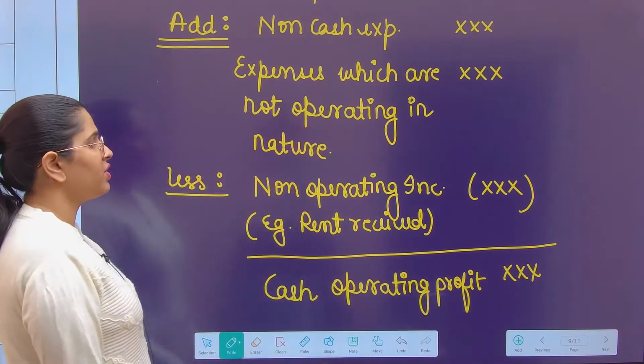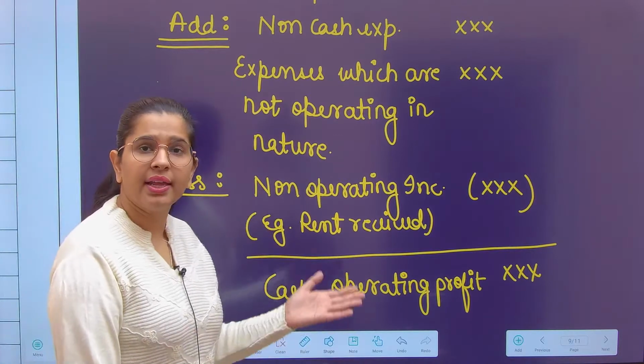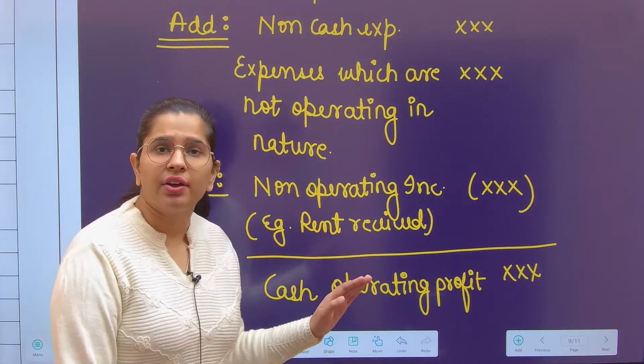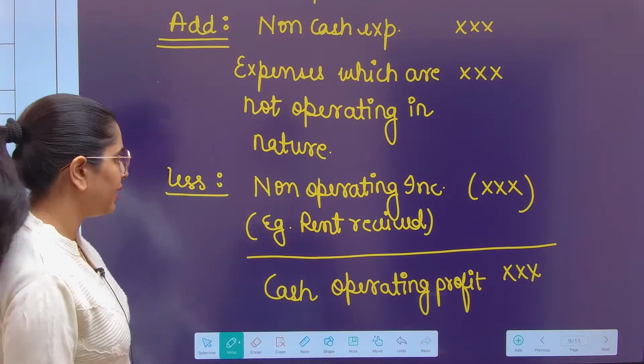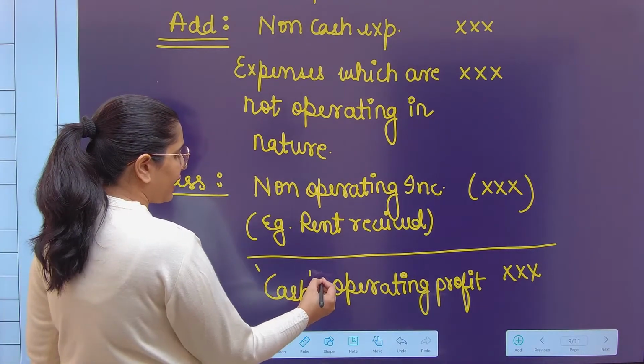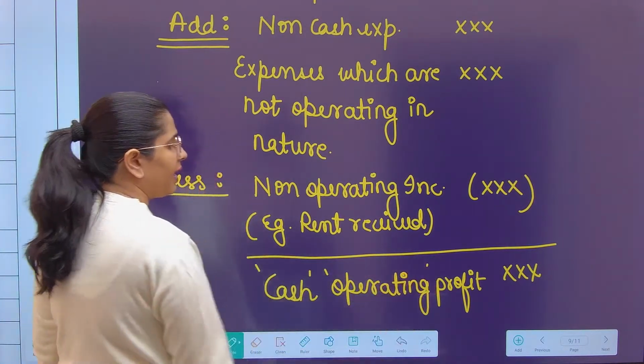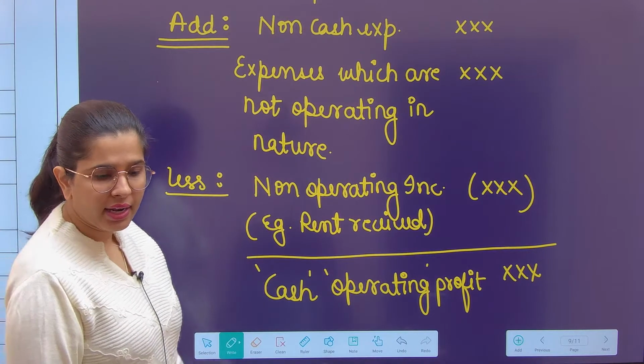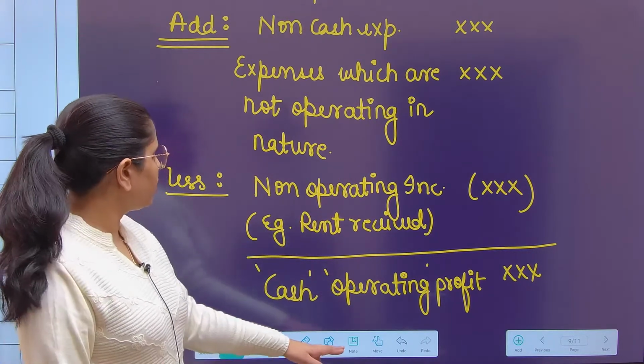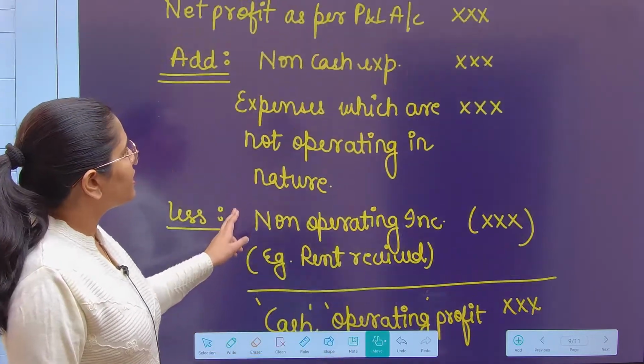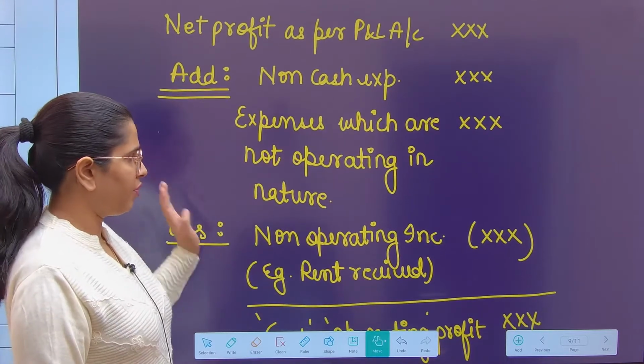All those incomes which are non-operating in nature, I will remove them. I will not take them. So this will give me my cash operating profit. Right? There are two, three more things over here, but we will see that when we do our format.